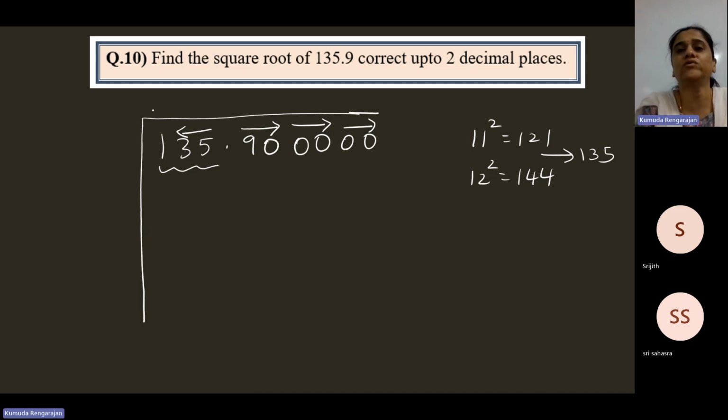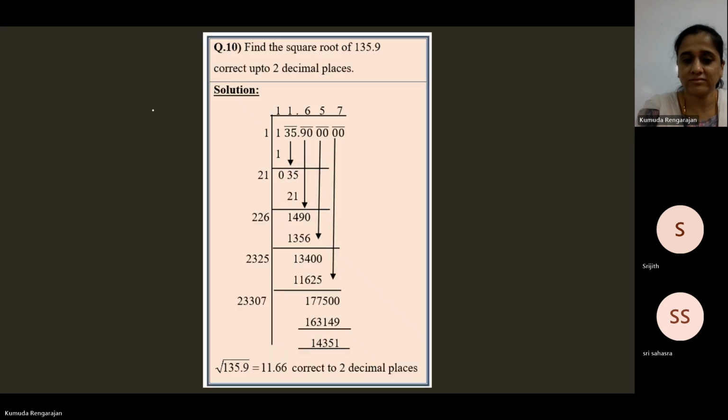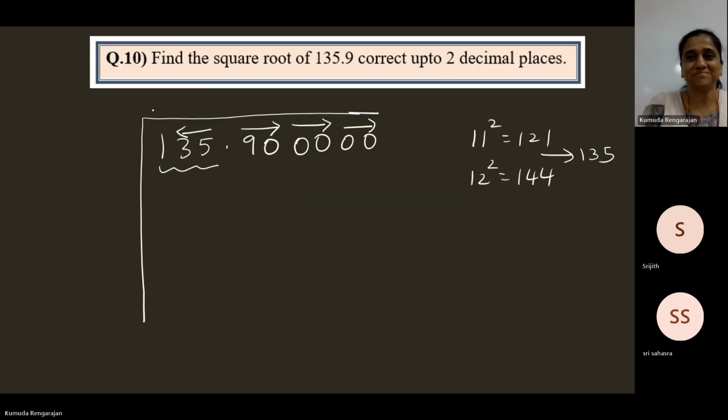Yeah, how far have you finished, Navneet? 350? What part have you finished? 11 point? Okay, you're finding the last digit, is it?